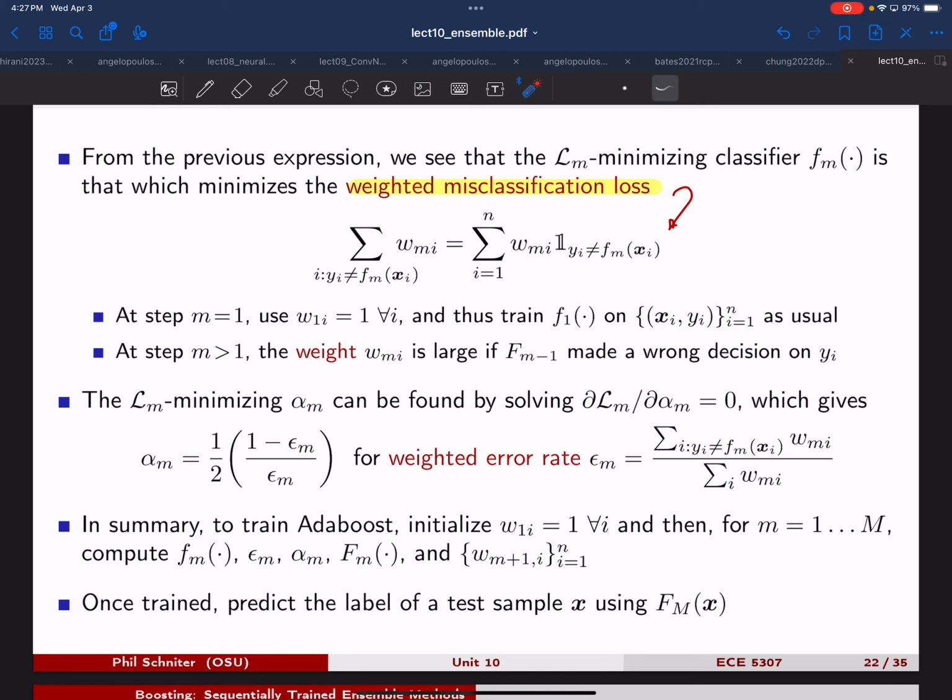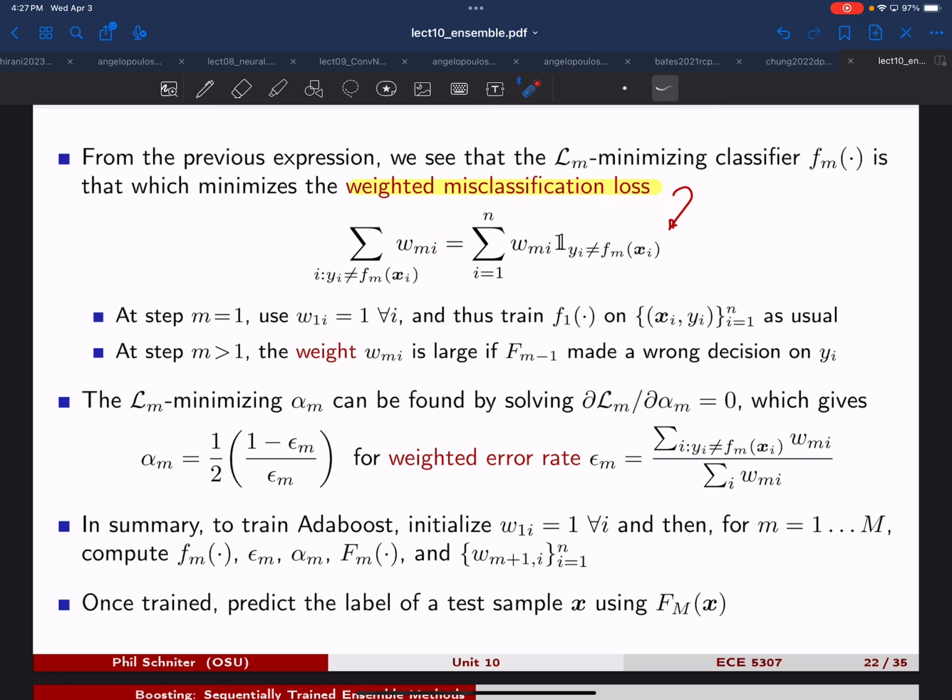So in summary, at the very first stage, we initialize all our weights to 1, and then we go through a for loop over m. The first thing we do is we design fm by minimizing this.